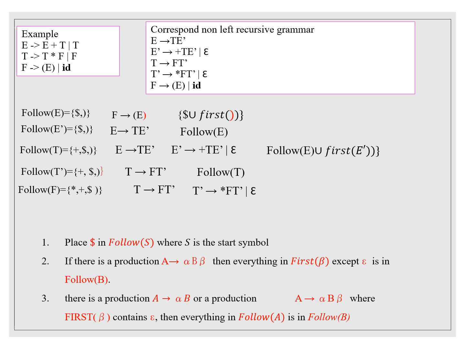F is follow of T dash. Why? Because T dash derives epsilon. Therefore, whatever the follow of T dash is, is copied to follow of F. Therefore, follow of T union first of T dash. Clear?